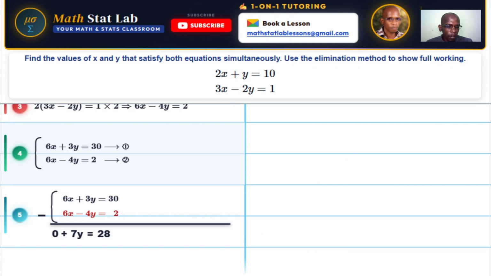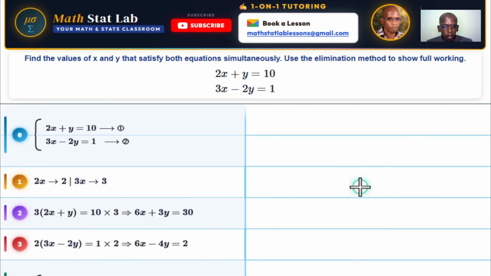So now we have the new equation here, which is 0 plus 7y is equals to 28. But you see, 0 plus 7y is still 7y. So we have got rid of that 0, and we have also got rid of x. So now we are remaining with just y, and we have totally eliminated x from the equations.